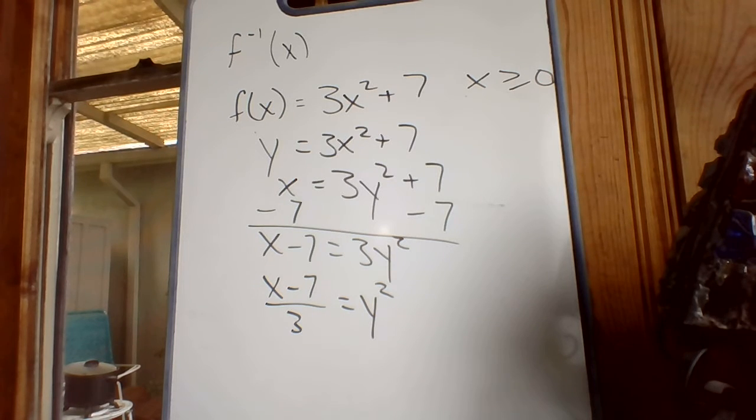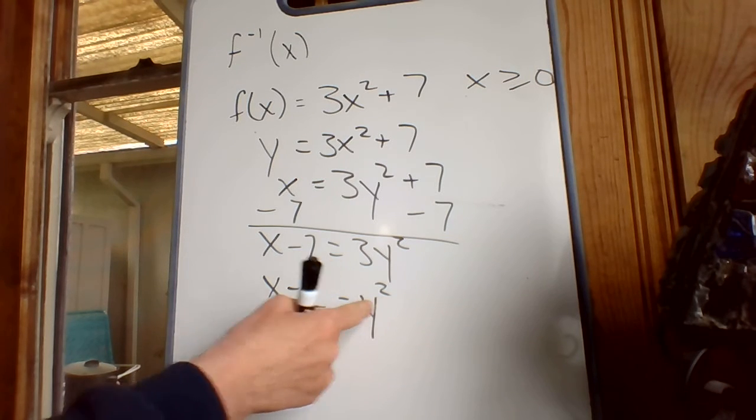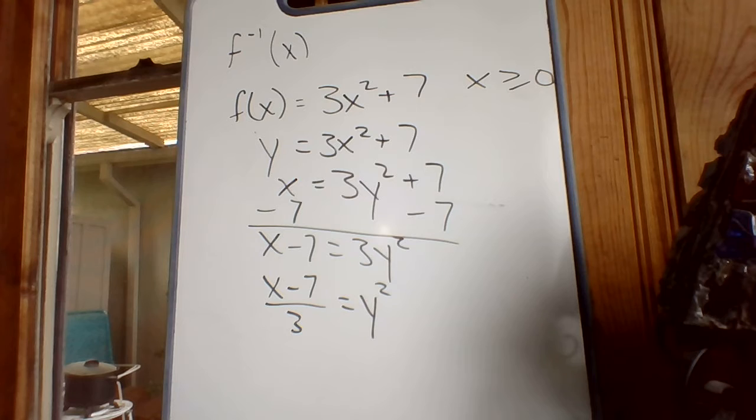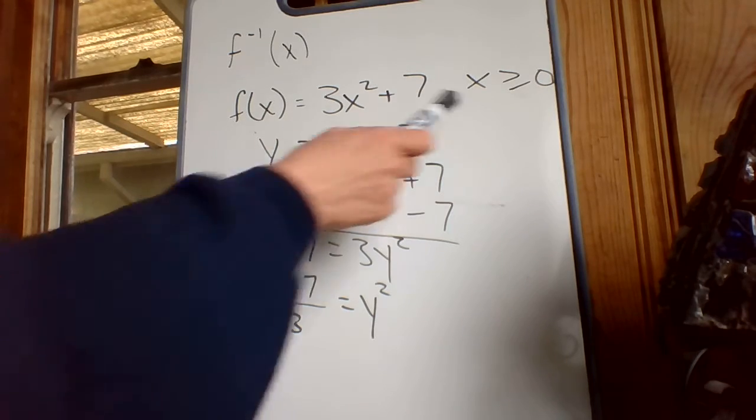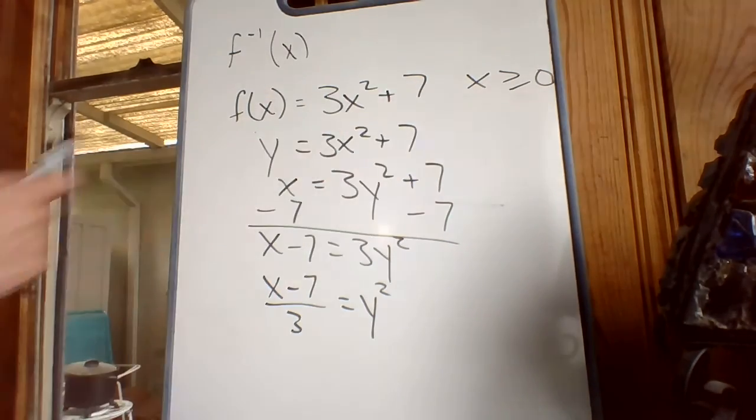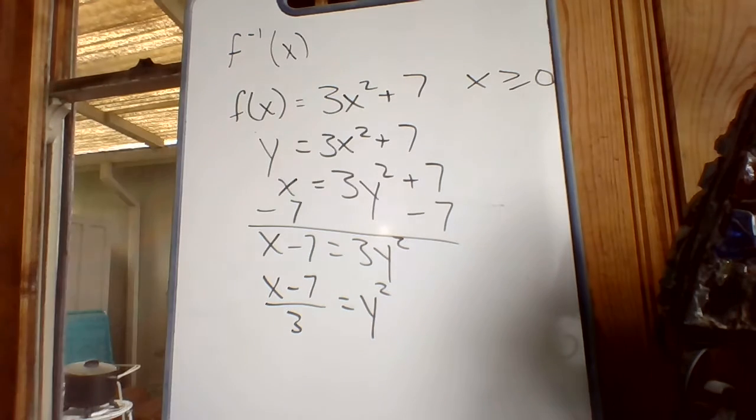You're supposed to go, wait, every time I take a square root, I'm supposed to write plus or minus. I'm about to need to take a square root right here. And you're supposed to say to yourself, oh, but I'm not supposed to take plus or minus? And the answer is, well, yeah, you're supposed to, and this has got you covered. This is saying don't bother with the plus and minus. Just take the square root.